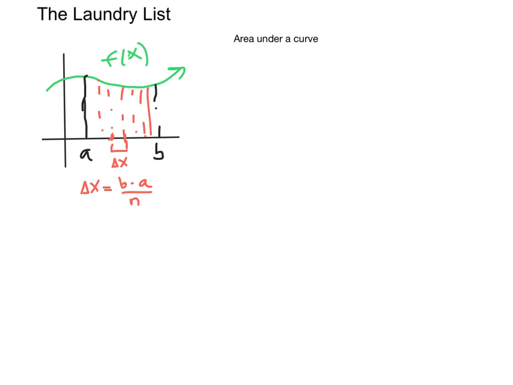That's what n is, the number of rectangles. Okay? So this first concept that we have of area under the curve is, and I'm just going to say the area is approximately adding the area of the rectangles.